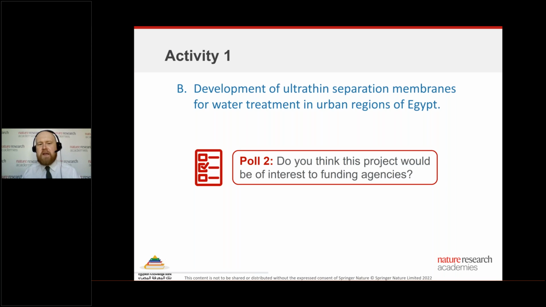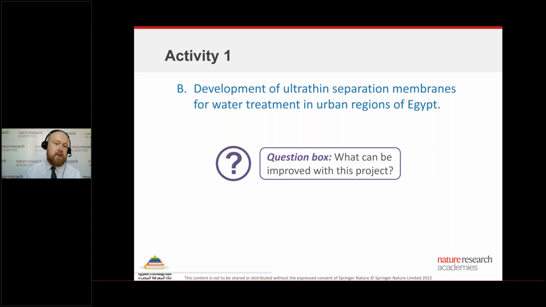Now, I agree that this could potentially be a really useful project to fund, but can we think of a limitation of this proposal? What can be improved with this project to make it more likely to be funded? Can we think of anything that could be changed or improved about it?